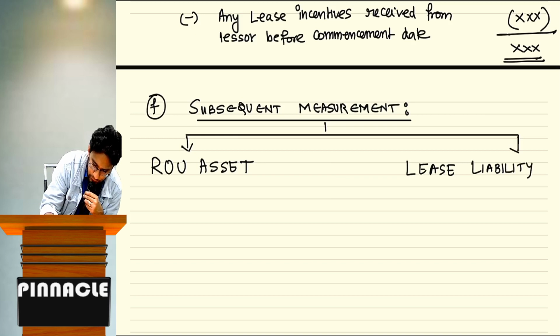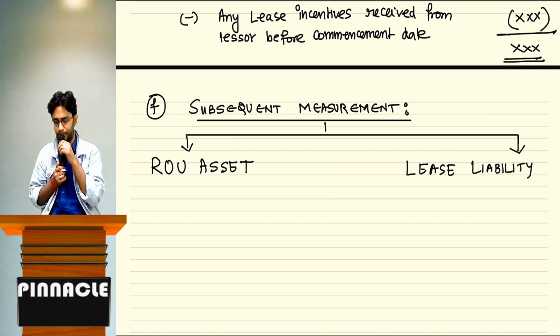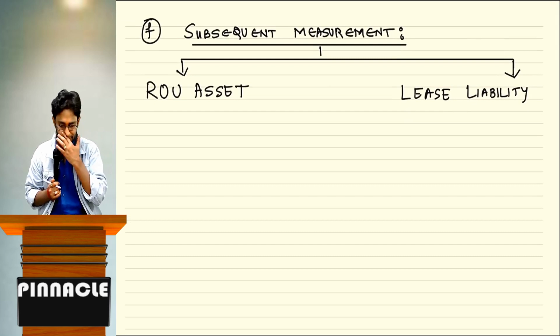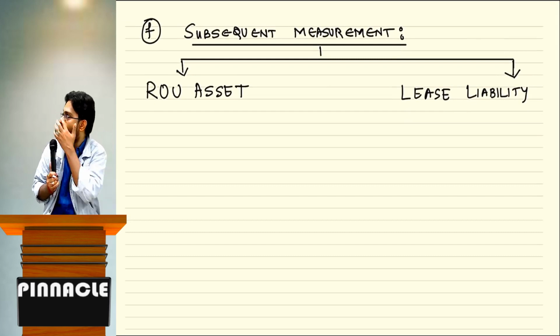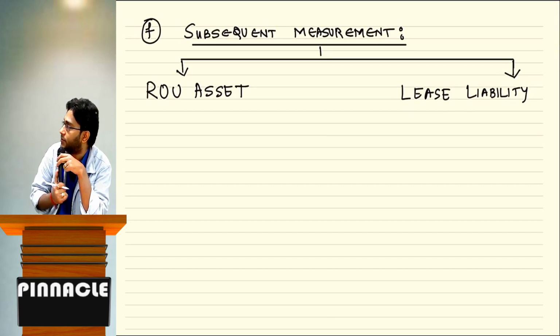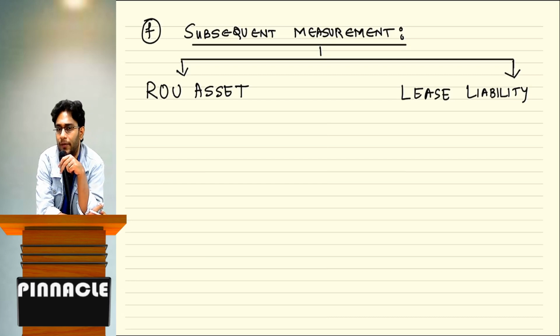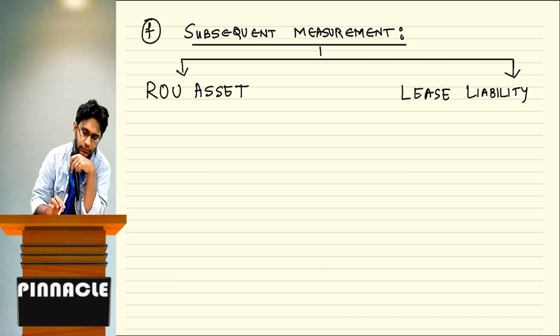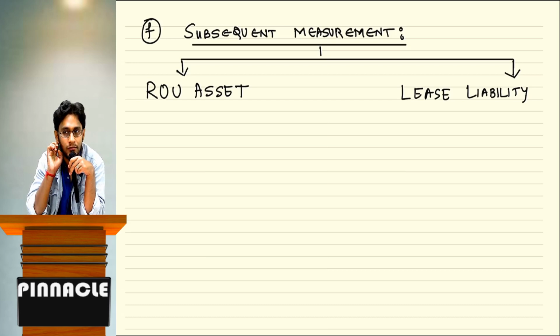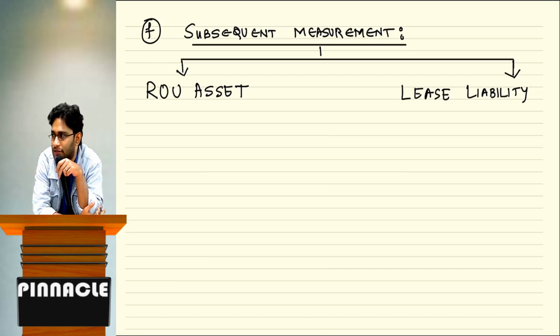Further accounting of these two accounts, what will you do? In this, one you know very well. Which one? Lease liability. Guess how to account for that? Somebody told the answer correctly. Unwinding of discount, correct. Yes, very good.